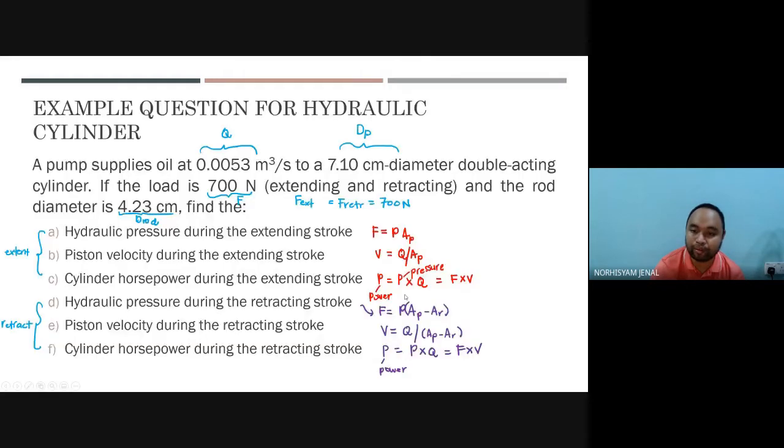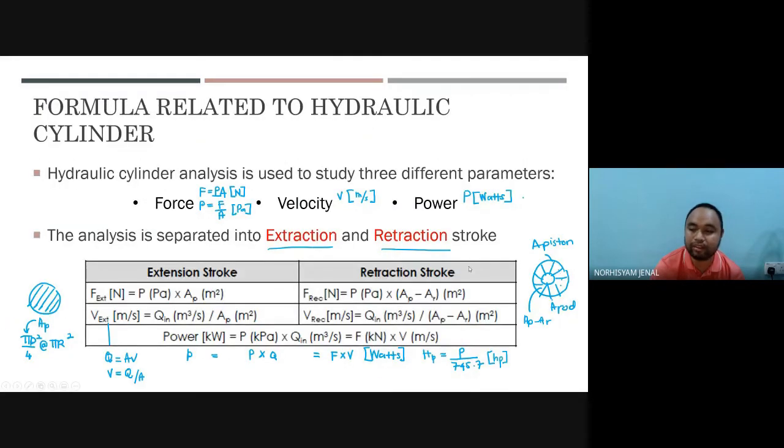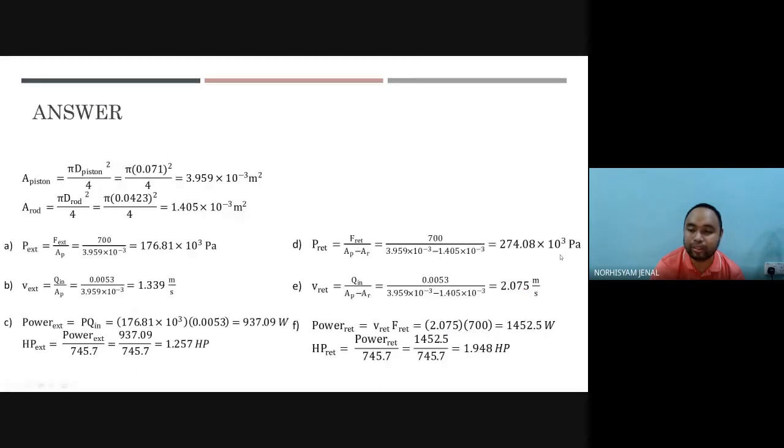Due to this area difference, it will increase the amount of pressure required because the area is becoming smaller, the force is the same, so pressure will increase. When the pressure increases, also due to this velocity calculation, when we have constant volume flow rate, the velocity will also increase. And lastly, the power will also increase, meaning smaller area requires a higher power to push it back to the original position.